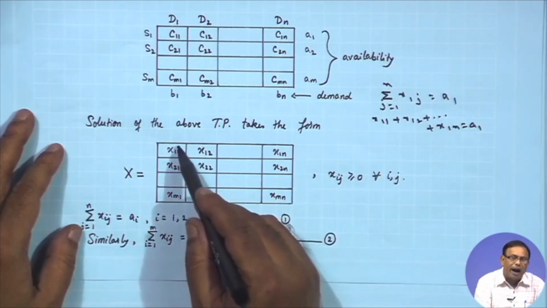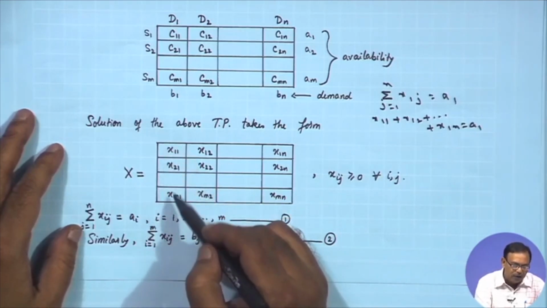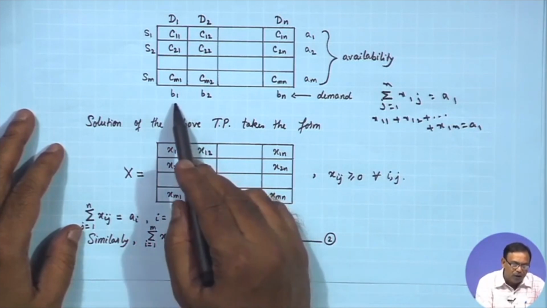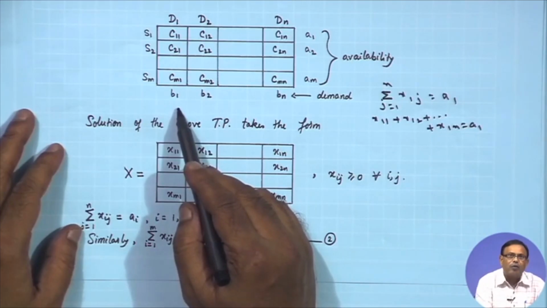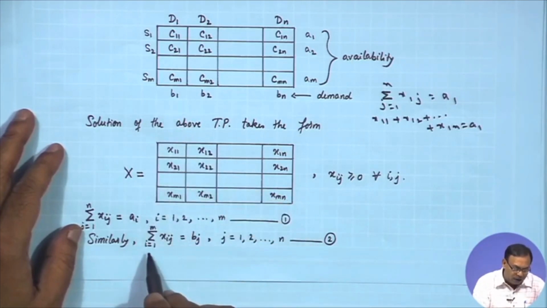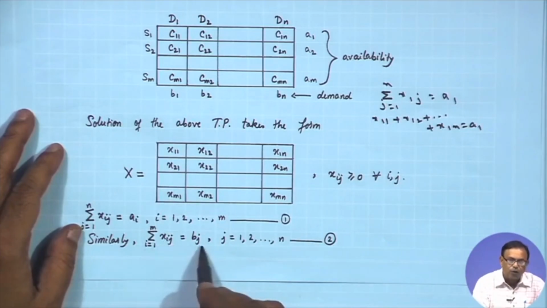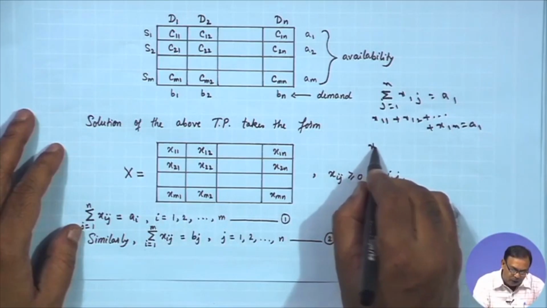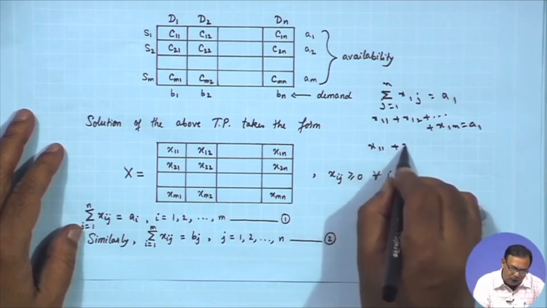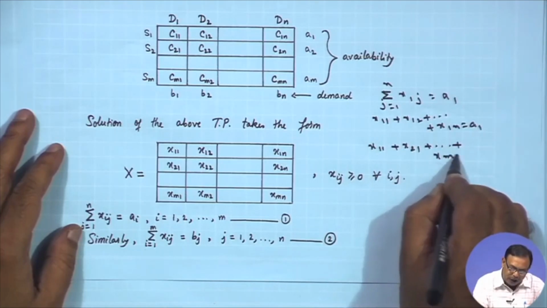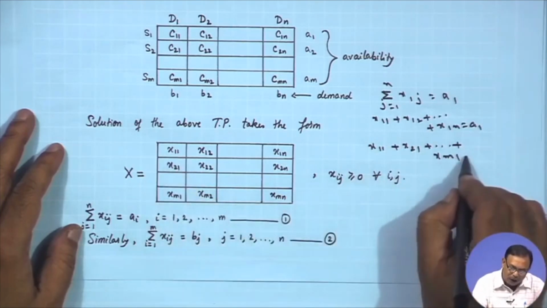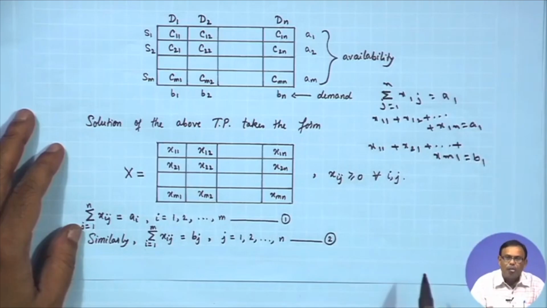Similarly, if you add each column, the sum should be equal to the demand, because whatever the demand is, you will send that quantity. In other sense, summation i equals 1 to m of xij should be equal to bj. That means x11, x21, up to xm1, the sum of all these in the column should be equal to b1.